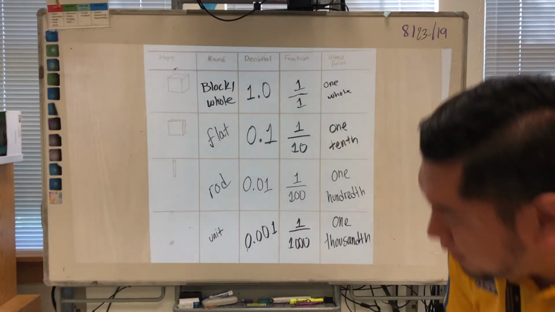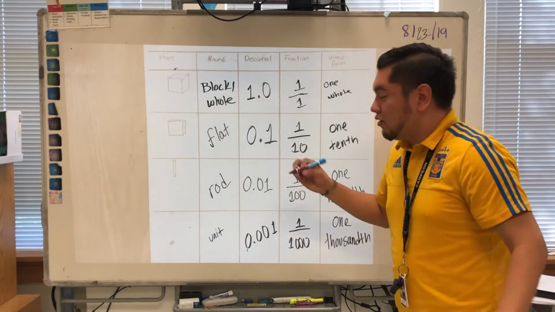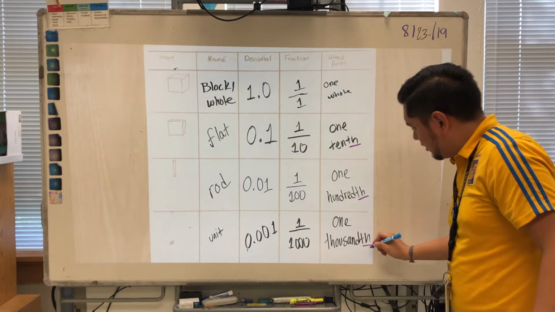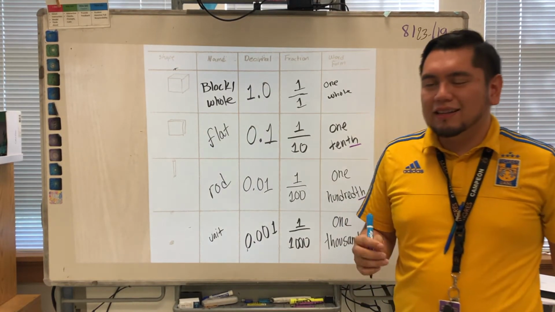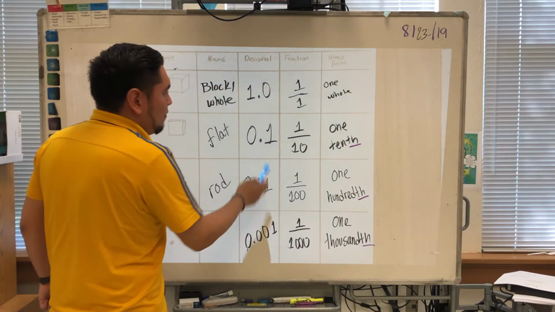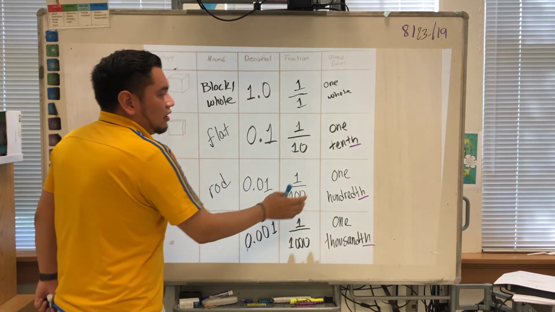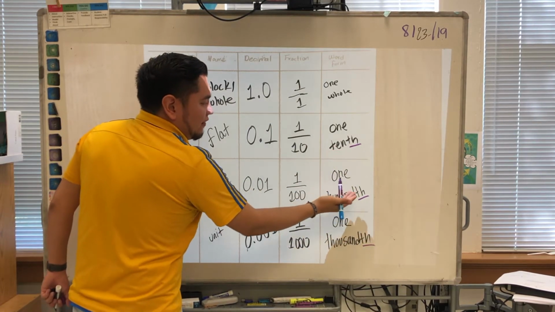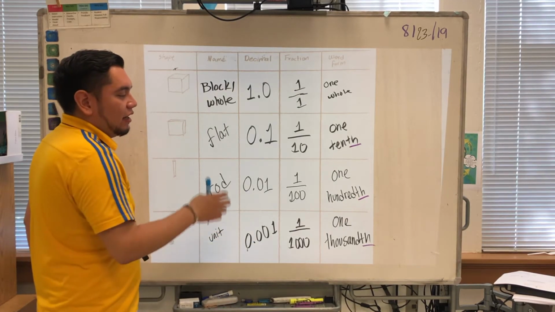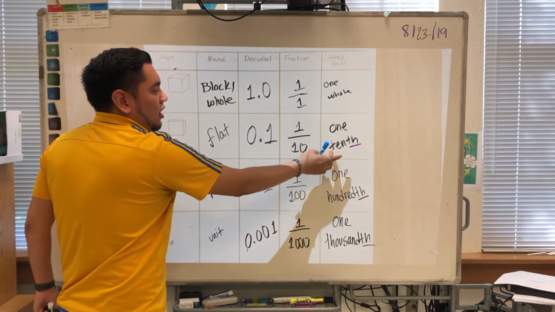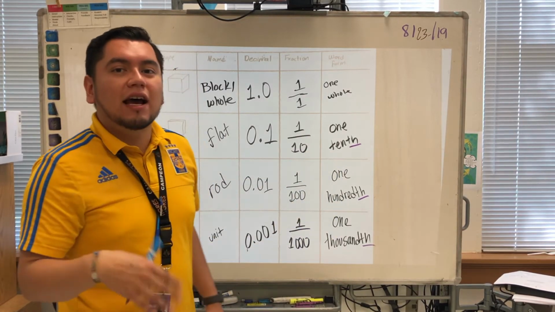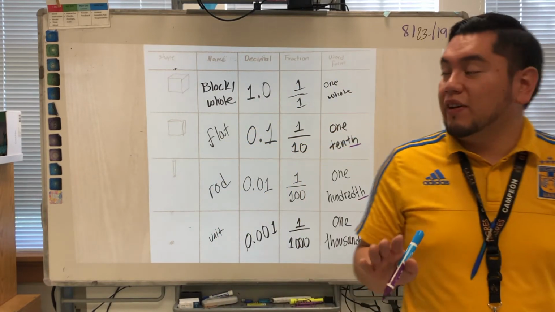Una de las cosas más importantes que tienes que recordar es que se le tiene que agregar el TH al final de cada una de estas, porque estas son fracciones, son partes de un entero. These names have a TH at the end because they're not wholes. This is not 10, it's 10th, 100th, and 1000th. Okay, that's a very key difference.